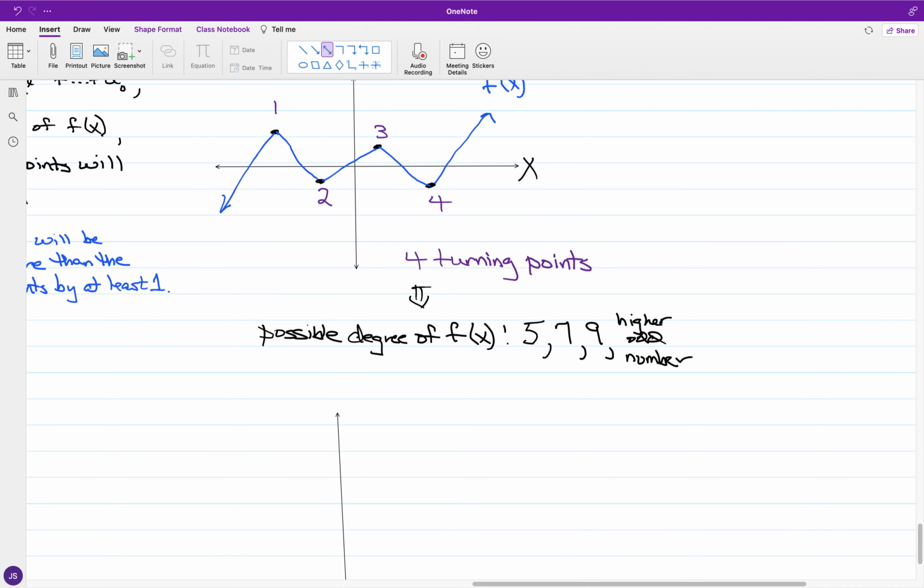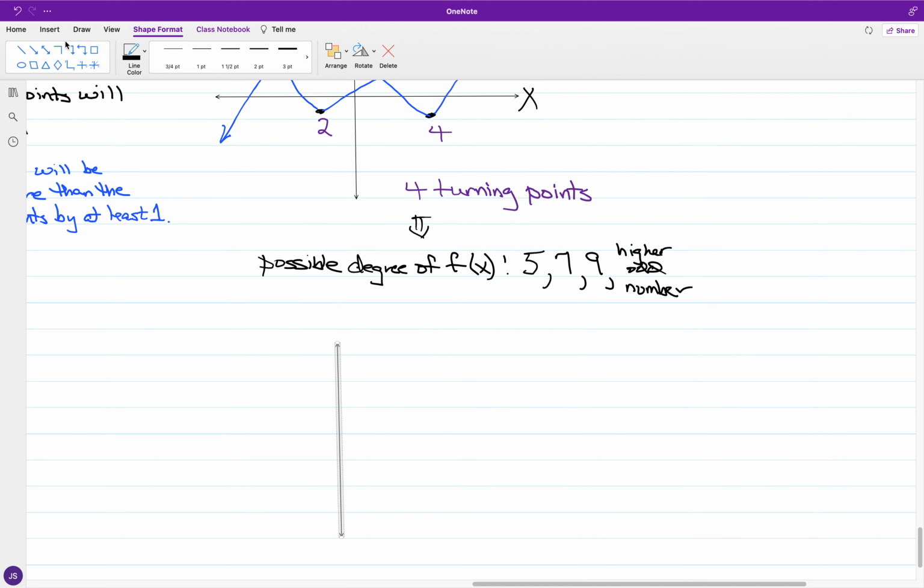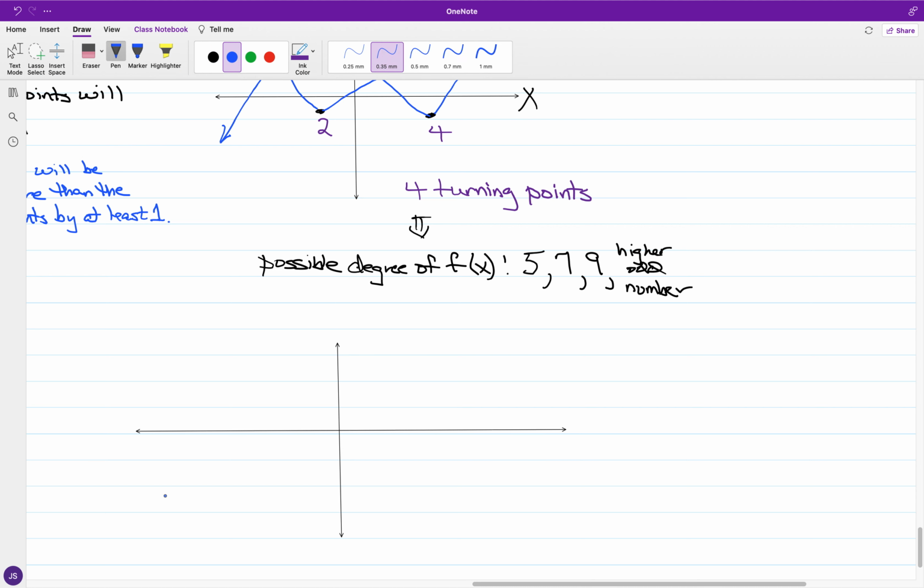I'll just throw in one more case here. Looking at the combined relative minimums and maximums, you have 7 turning points.